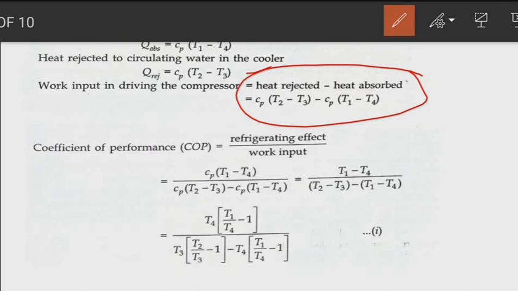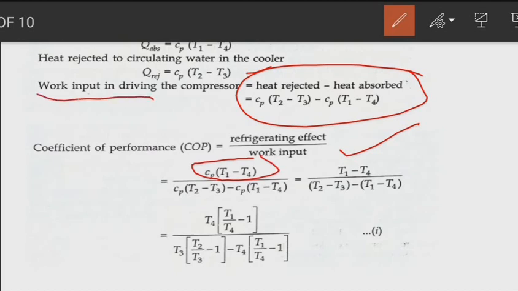So what is the coefficient of performance? It is the refrigerating effect divided by the work input. So what is the refrigerating effect? That is the heat absorbed, which is Cp into (T1 minus T4), and what is the work input?